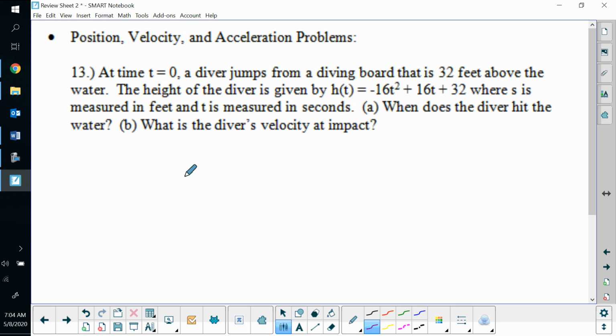Well, when you hit the water, the height should be 0. So for part A here, we'll put 0 in for the height. So we can start out, let's divide everything by a -16.